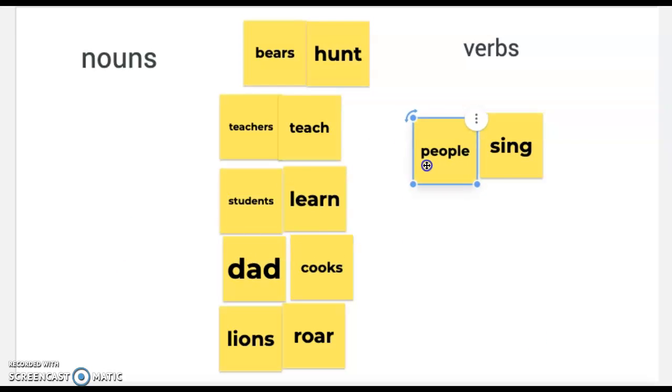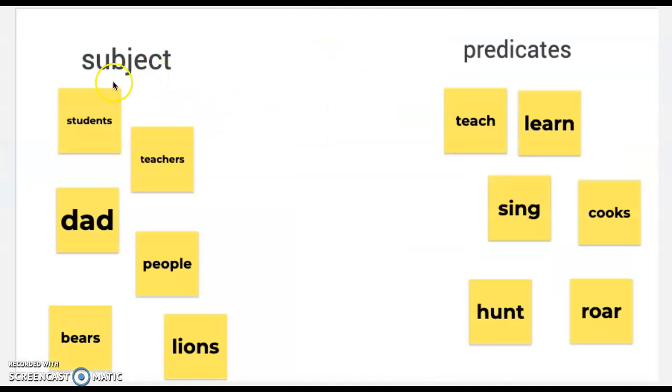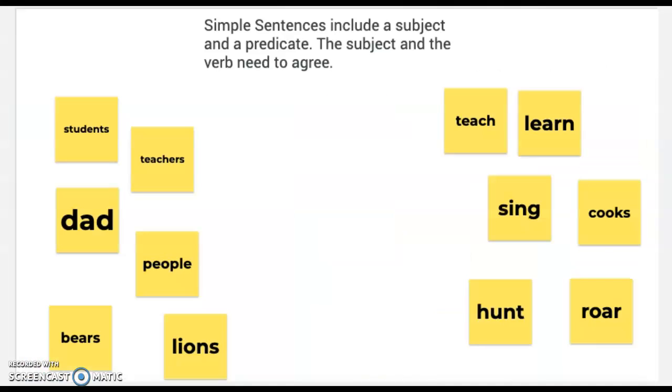People sing. Okay, this one's kind of a tricky one. I shouldn't have used this one, but we won't worry about that right now. All right, let's go ahead and take a look at these ones. All of these nouns, again, remember they are a subject. All of these verbs, we call those predicates.